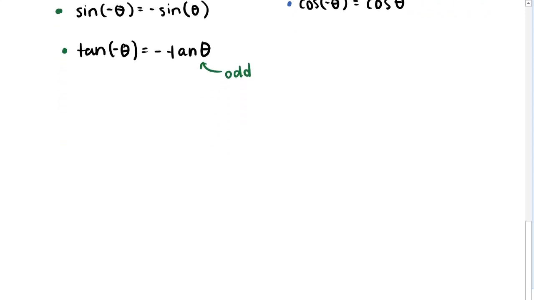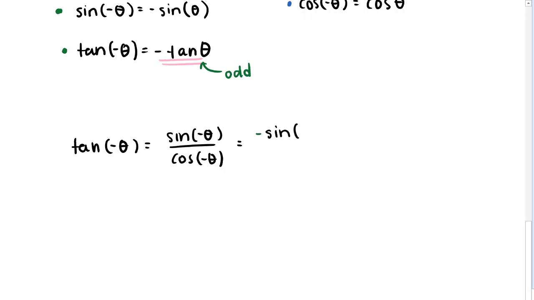And so let's prove this. Right, so I have tangent of negative theta, and I want to prove this by showing that at the end of the day, we're going to get negative tangent of theta out. So tangent of negative theta is the same as sine of negative theta divided by cosine of negative theta, right? Tangent of an angle is the same as sine of that angle divided by cosine of that angle. But because sine is an odd function, I can pull out that negative factor, and I'm left with negative sine of theta in the numerator.